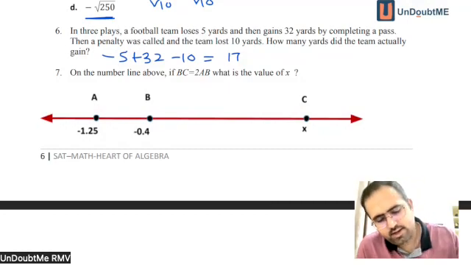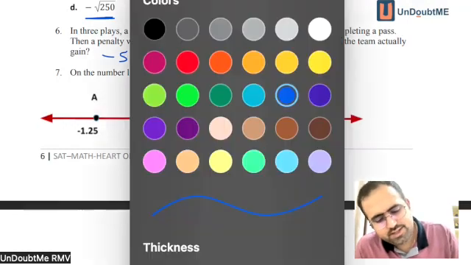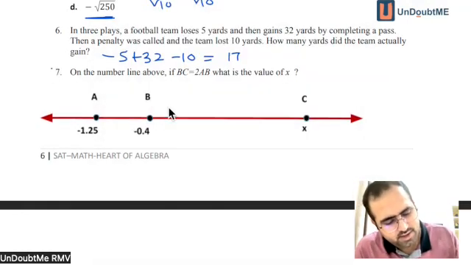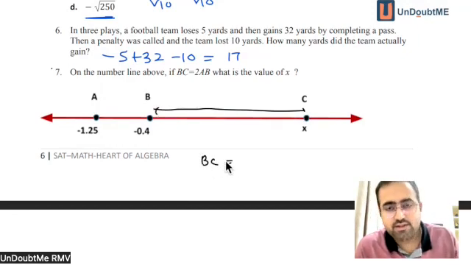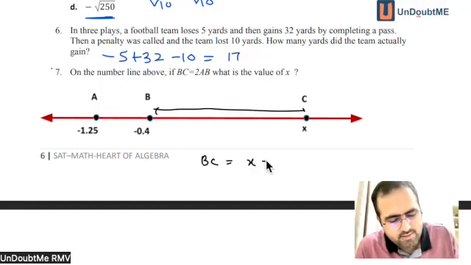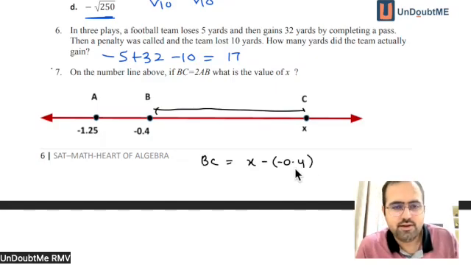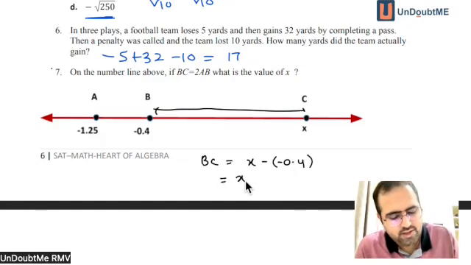Look, now how you have to understand this question. BC means they are talking about the length. Okay, so what is the length of BC? It will be X minus 4, minus 0.4. So can I say the length of BC will be X plus 0.4?